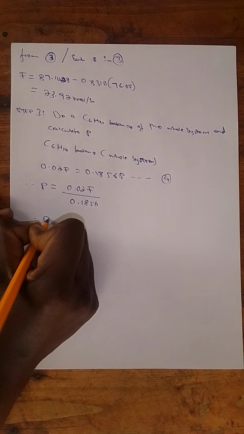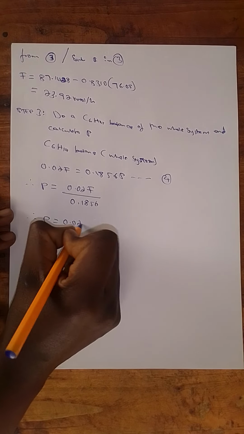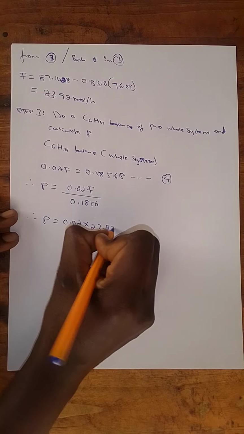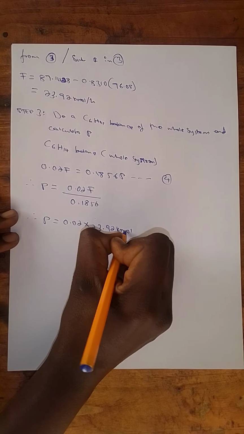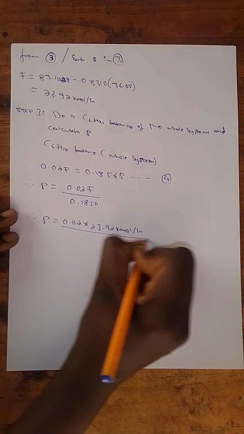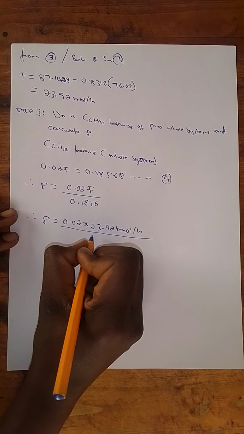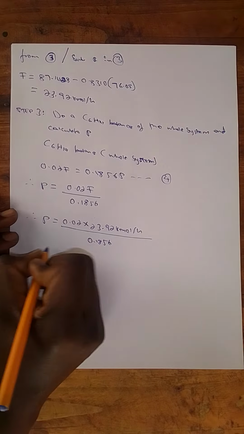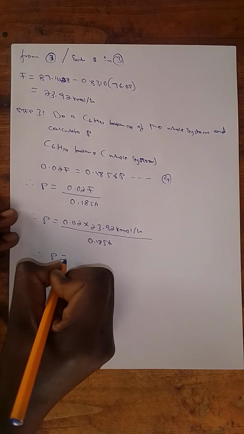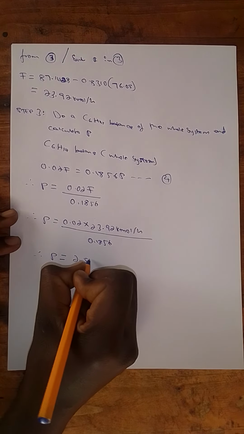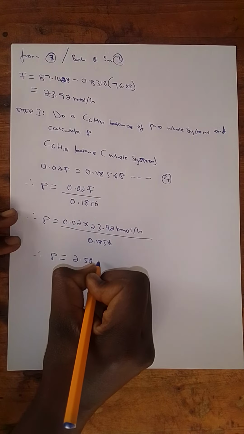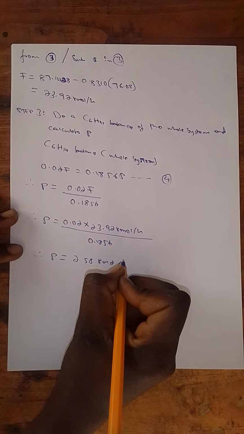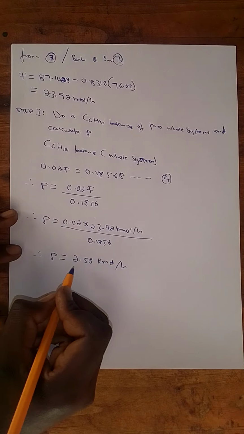We can just say therefore P is equals to 0.02 multiplied by 23.92 kilomole per hour all over 0.1856, and therefore this gives us P is equals to 2.58 kilomole per hour. So this is basically now our P.